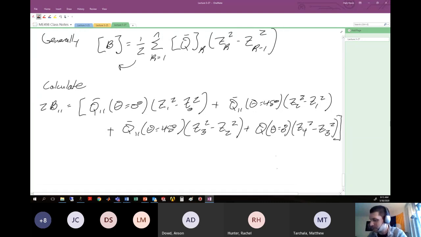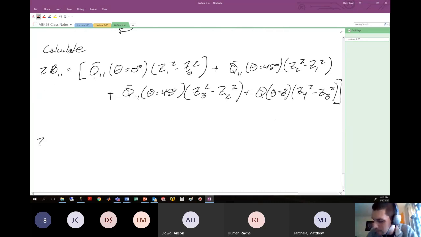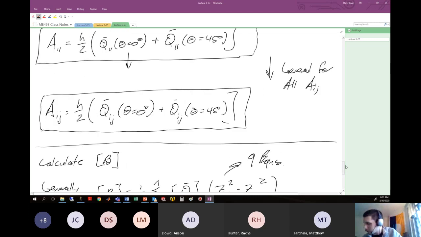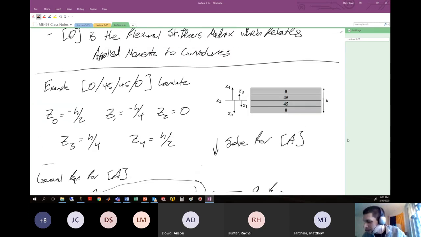All right, so let's continue. 2B11 will be here Q bar 11 theta equals 0, the 0 degree orientation. And then here now I have z1. If I scroll back up, remember that z1 here is negative h on 4.